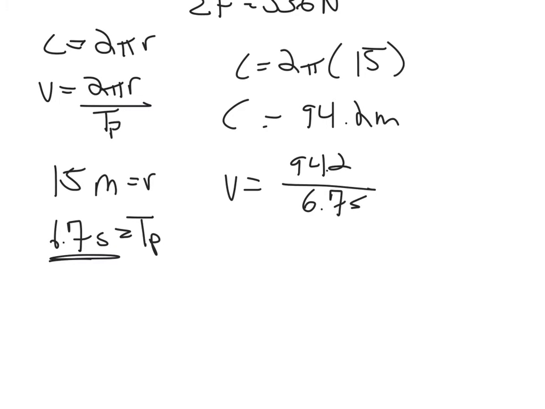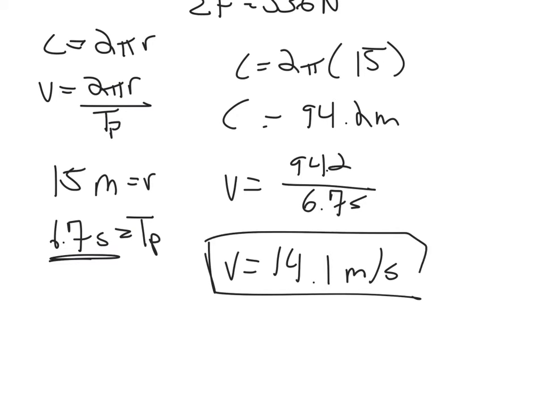So 94.2 divided by 6.7, and I'm left with a velocity of 14.1 meters per second. And from here I could take that velocity and put it back into v squared over r, and then I can use this velocity as if it had just been given to me in the problem.